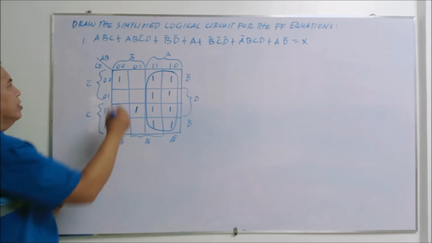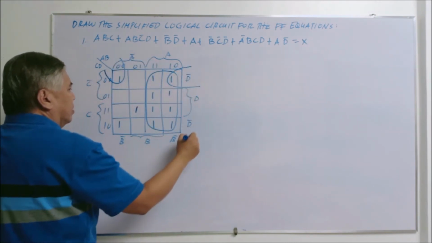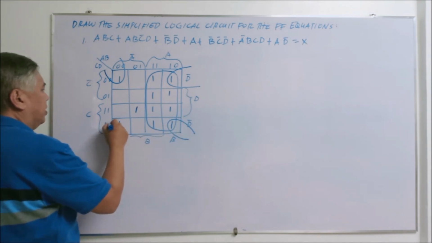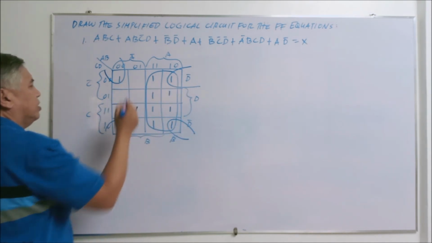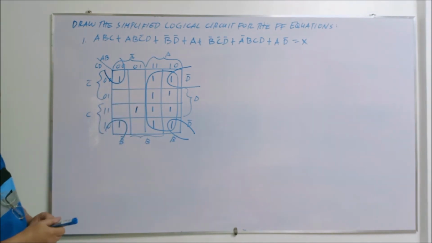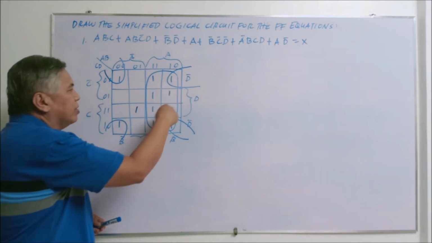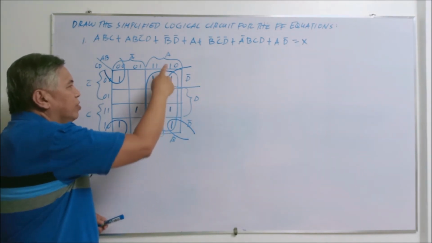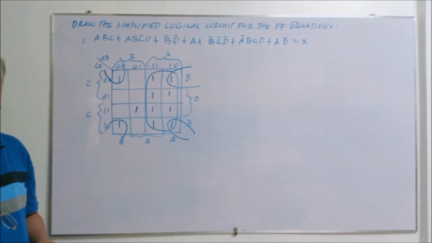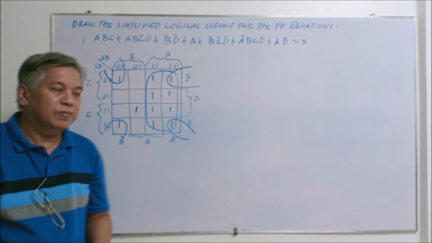Okay, so that will be our grouping. These 4 cells are adjacent. Then, there's no need to group this one because it is already grouped into one adjacent group. Because once you group this again, it becomes a redundant variable.